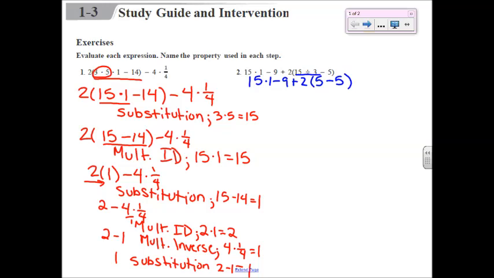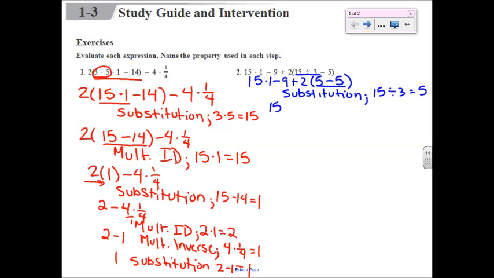So that's substitution. Then the last thing to do inside the parentheses is 5 minus 5, and that's the additive inverse. Anytime you add the opposite or subtract the same from a number, it equals 0.